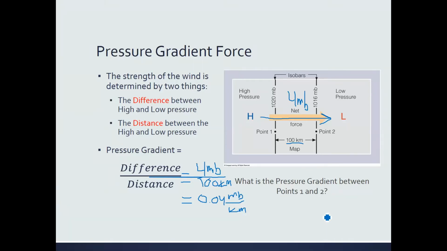And what this means is that as you're traveling, the air pressure is changing 0.04 millibars for every kilometer you travel.